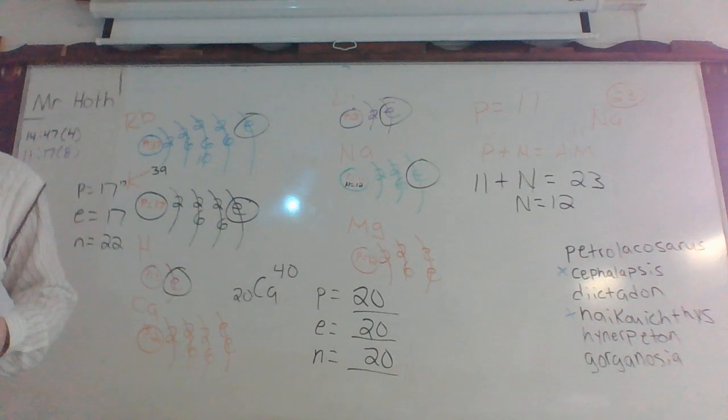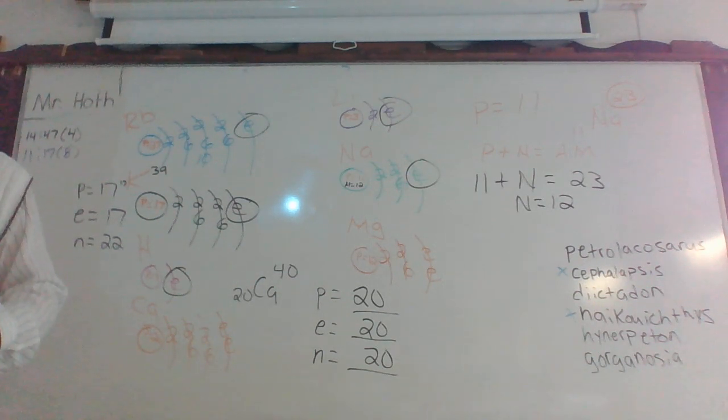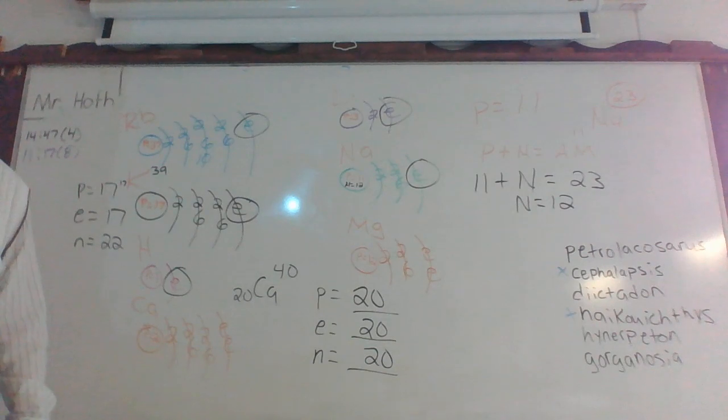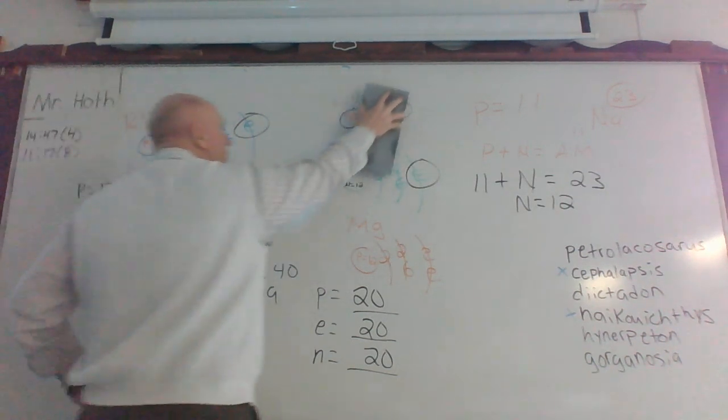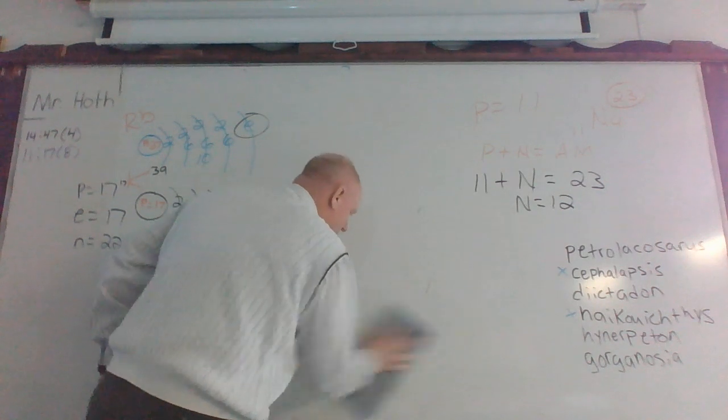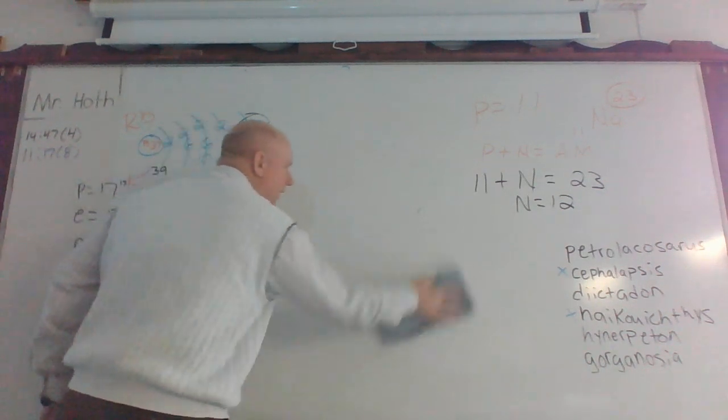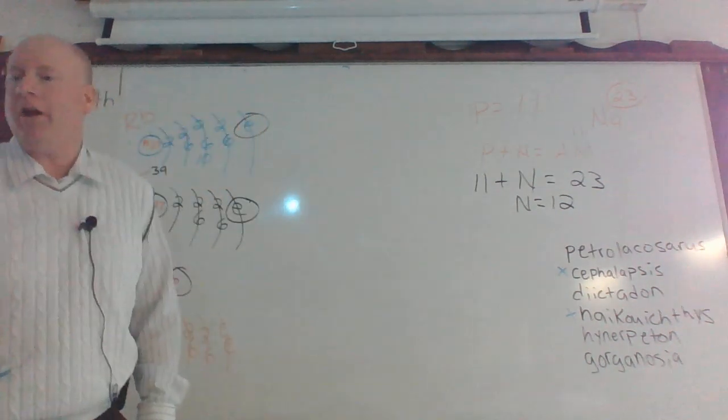In columns 1 through 8, what column is nitrogen in? It's in the 5th. It's in the 3rd column of the P block. It's in the 5th column of the 2nd period. So why is that number 5 so important? It's going to have 5 electrons in its outer energy level.